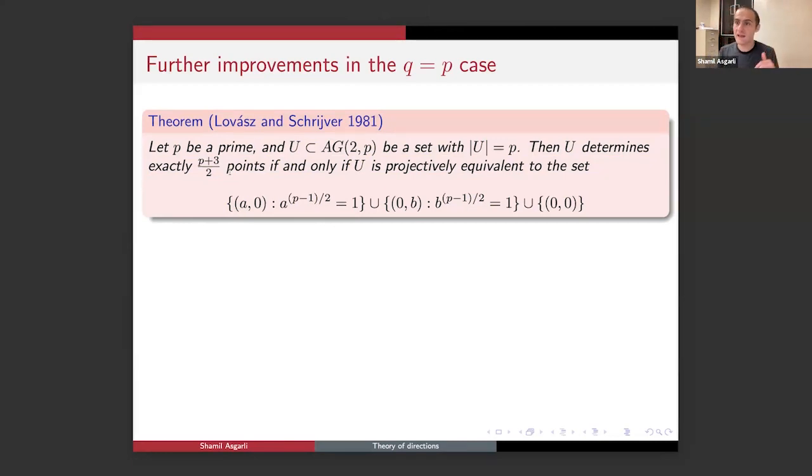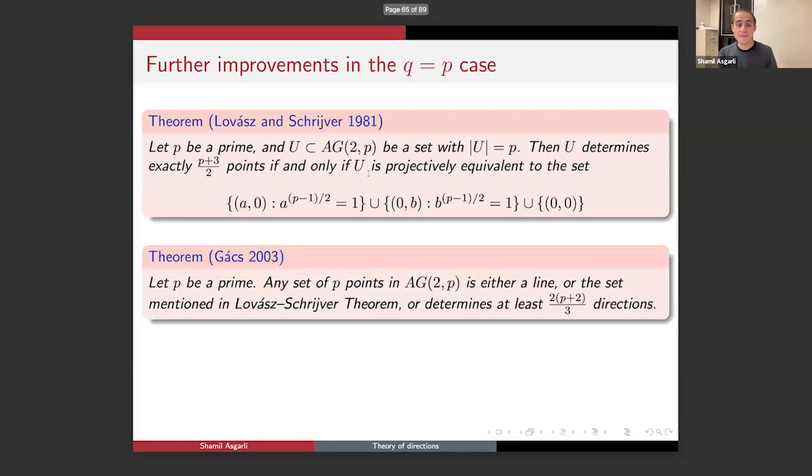These are the special sets where the number of directions is, in fact, given by the minimum of (p plus 3) over 2. And then there was this development by Gács. Gács showed in 2003 something even stronger: suppose p is a prime, then any set of p points in AG(2,p) is either a line, or a set mentioned in the Blokhuis-Schrijver theorem, namely this set, or it determines at least 2 times (p plus 2) over 3 directions.